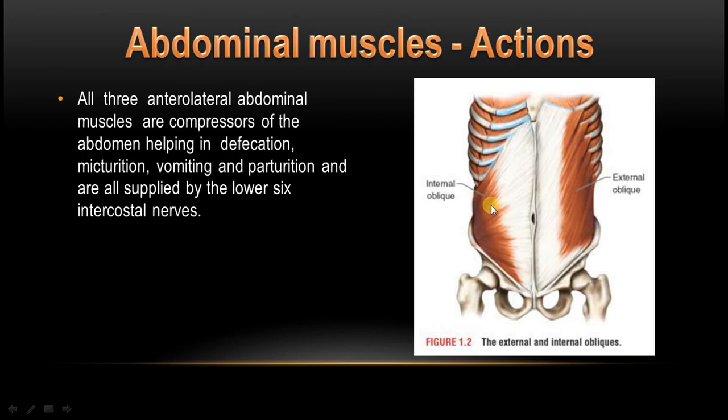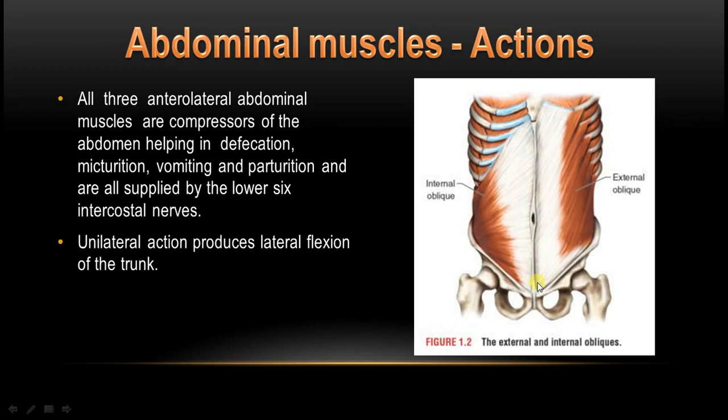Next, when these muscles act unilaterally, on one side, they bring lateral flexion. When they act contralaterally, internal oblique of one side and external oblique of the other side, they bring rotation of the trunk. When they act bilaterally, they bring forward bending or flexion of the trunk.